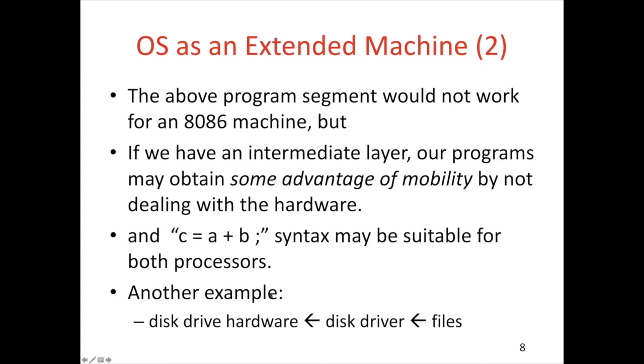Another example: we have disk drive hardware, and on top of it we have disk driver and files. The files may be loaded onto the disk drive hardware by using the software disk driver without knowledge of where this drive is connected.